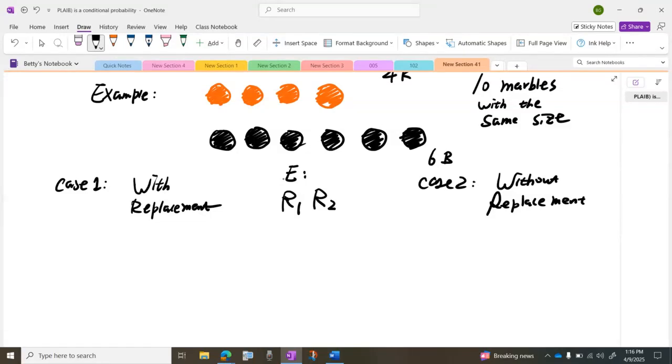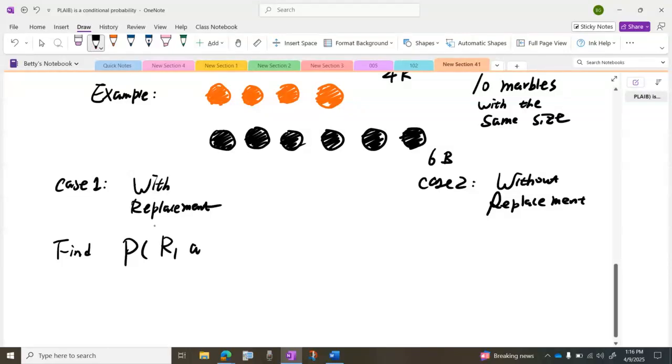We want to find the probability of R1 and R2 in the 2 cases. Let me explain what R1 and R2 are.